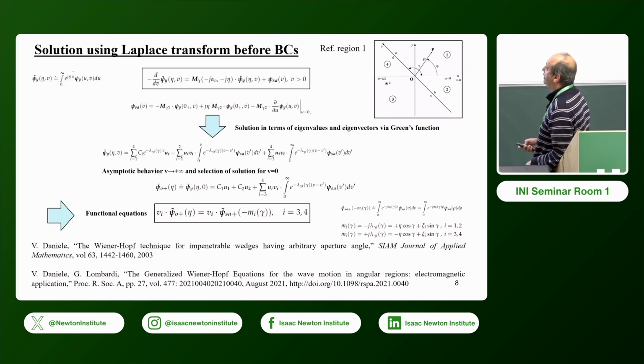And if we impose the asymptotic behavior at infinity, V equal to infinity, meaning the radiation condition, we can eliminate some constants and some integral parts, and we get this. This is the solution for a particular observation, V equals 0. It means we are observing the solution on phase O. We call phase O this and phase A this. These are the two phases of our problem.